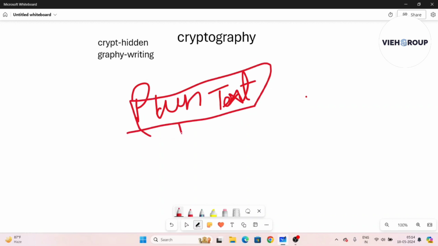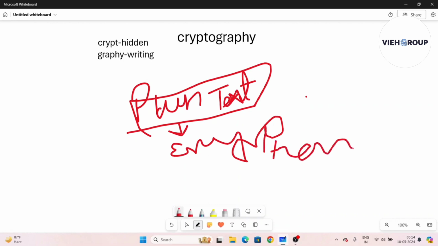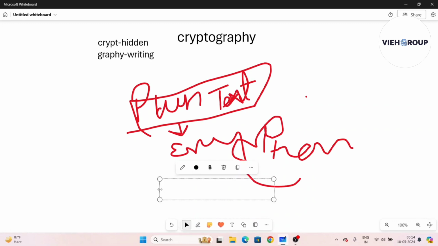This is converted into encryption, and encryption goes into ciphertext. Ciphertext is a non-readable format. Just remember it.